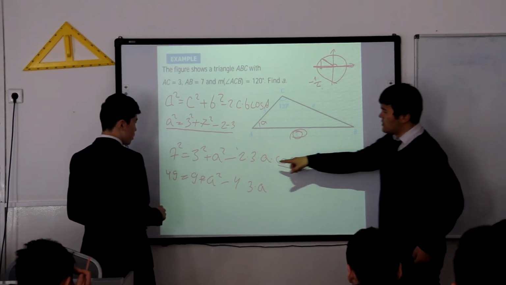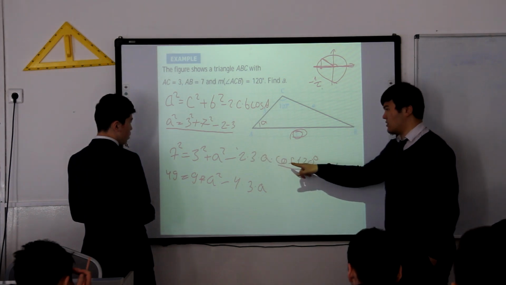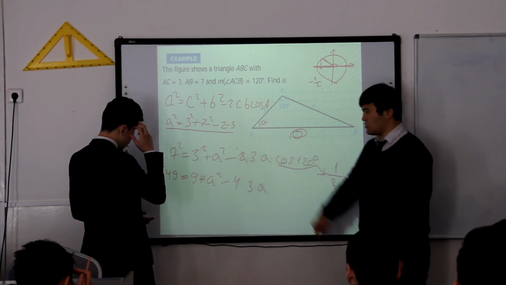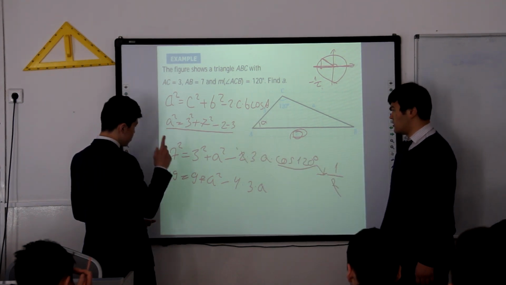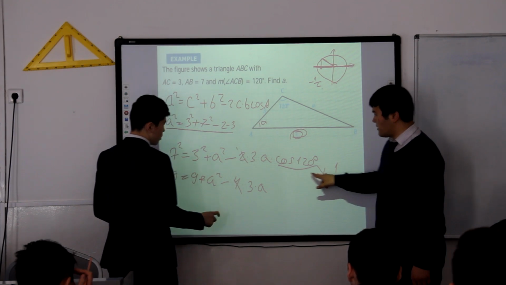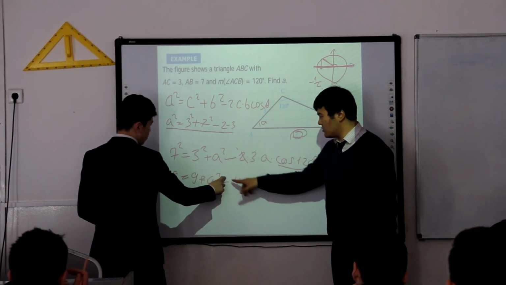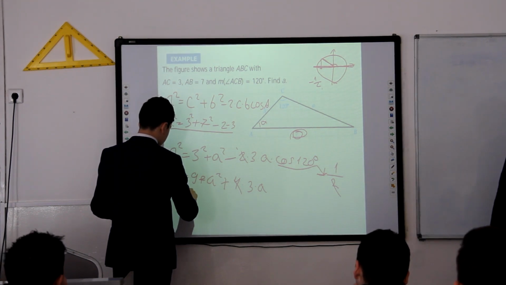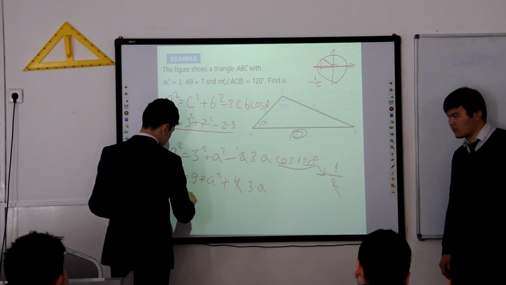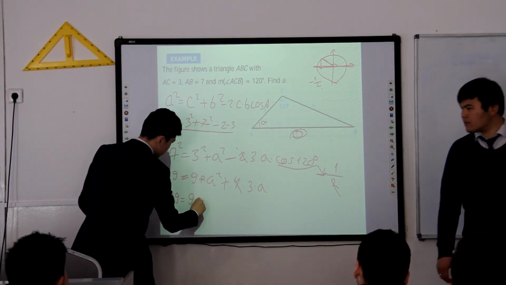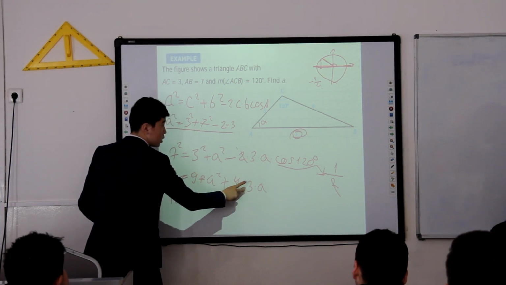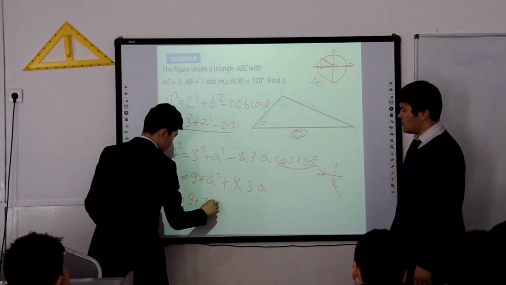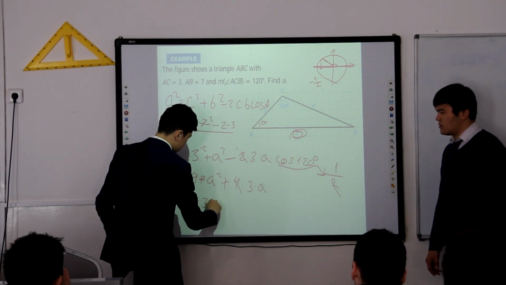Now look, here is minus 2 times this, and here is 1 over 2, so it cancels this 2. This minus and this minus, if you multiply, it will be plus. Plus 3.